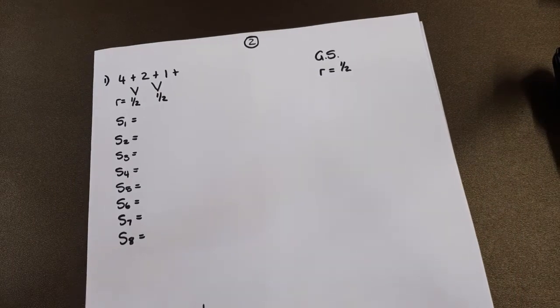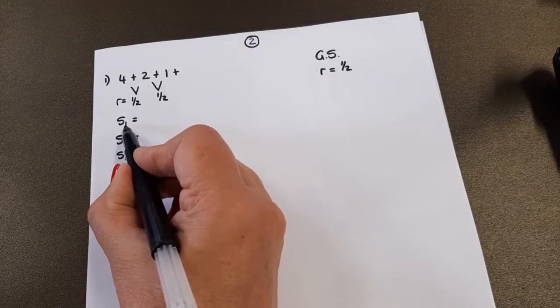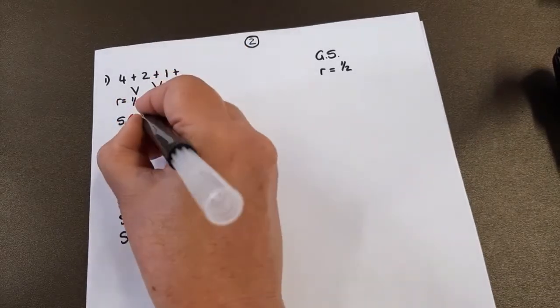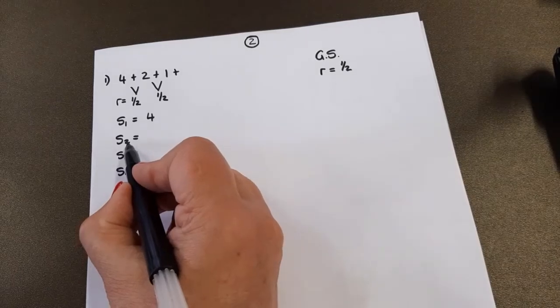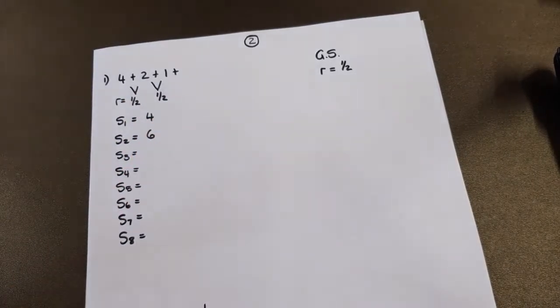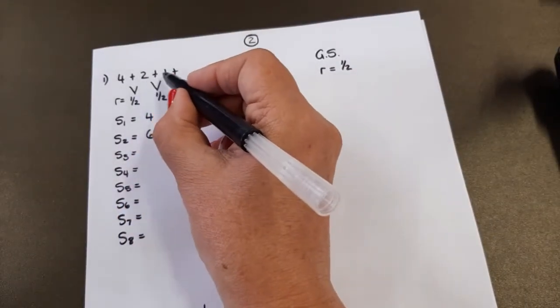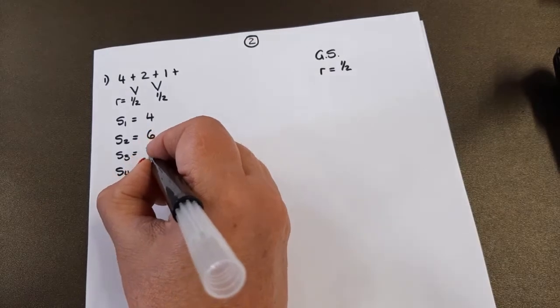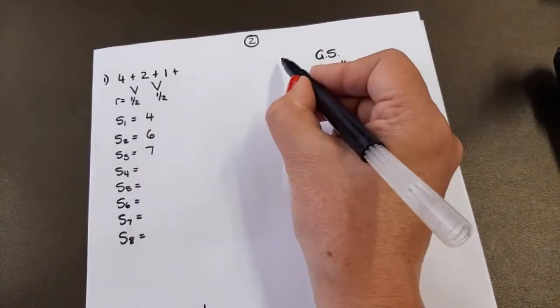Let's quickly look at the sum of the first term. It will be 4. If we sum two terms, 4 plus 2, we will have 6. The sum of 3 terms is 6 plus 1, which is 7. What will the other terms be?